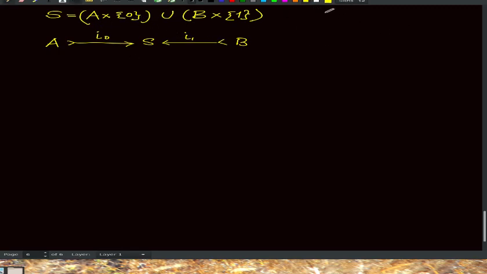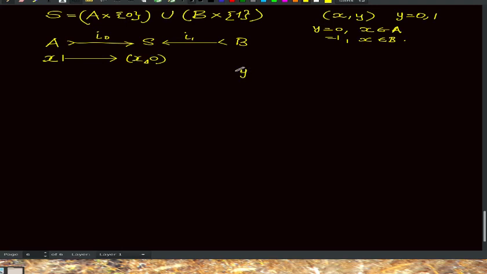They look like this: (x, y), where y can only take the values 0 and 1, and if y is 0, then x comes from A, and if y is 1, then x comes from B, right? That's exactly the meaning of this. So x over here goes to (x, 0), and y from here goes to (y, 1).